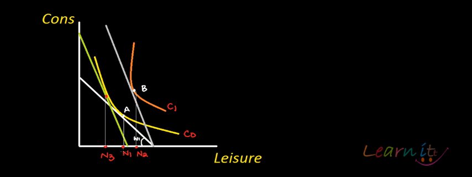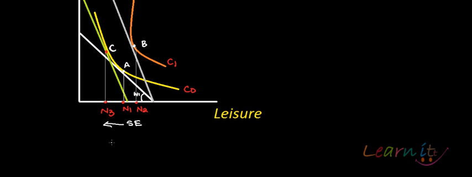Clear? So this movement from point A to point C is the substitution effect here. And the movement from point N3 to N2 is the income effect. As you could see here, the income effect dominates the substitution effect. In this case the person is having more leisure.